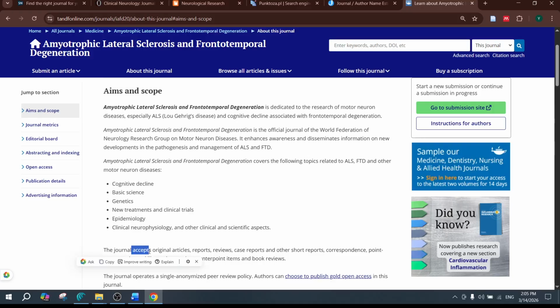And there's also some very important information here, like if you are submitting a review, some journals may announce that reviews are only accepted by invitation, or are only submitted by invitation through the editor. So your paper will not go through the review process if this was declared. So you should read this very carefully.